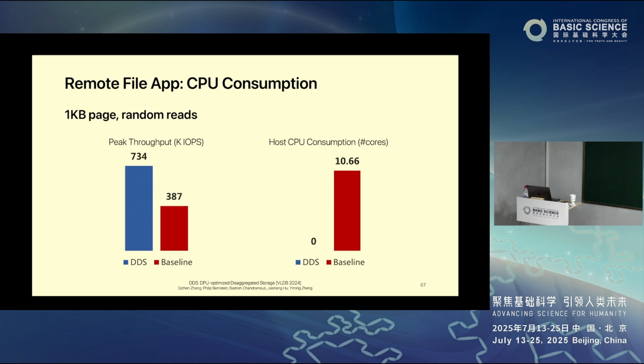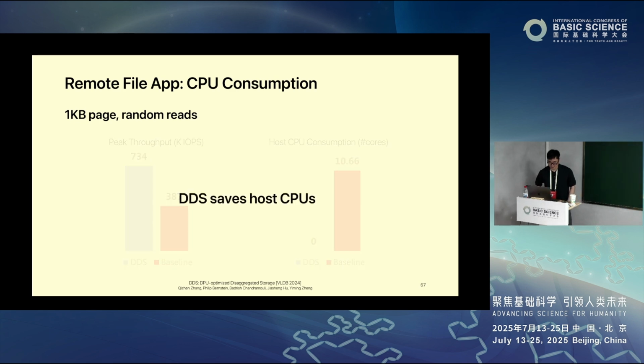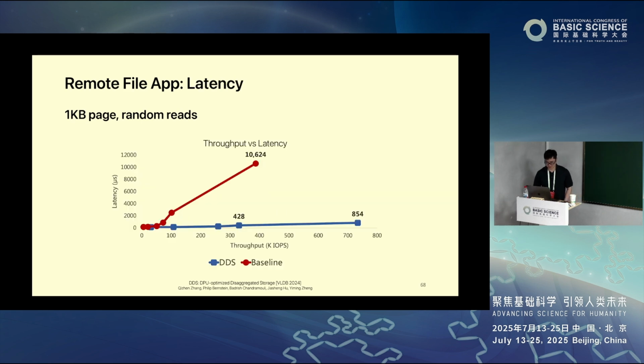What's exciting here is that with DDS, we utilize 0 host CPU, while the baseline consumes more than 10 CPU cores on the host. So basically, DDS can save host CPUs. We also measure latency. The x-axis shows the achieved throughput, and the y-axis shows the tail latency at that throughput.